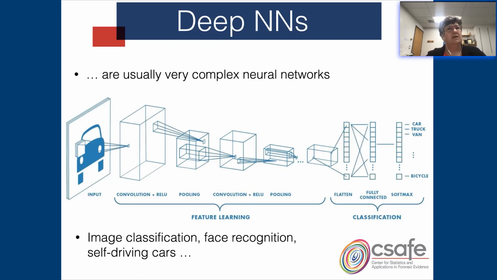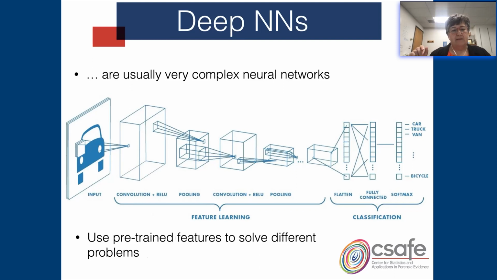That's what Google uses when you show it the picture of a flower, and Google doesn't only recognize that it's a flower, but it will also tell you what kind of flower it is. That's what's behind that technique. Deep neural networks are being trained and constantly being improved upon. So image classification, face recognition, road recognition, anything that's around self-driving cars, all of that is done using deep neural networks.